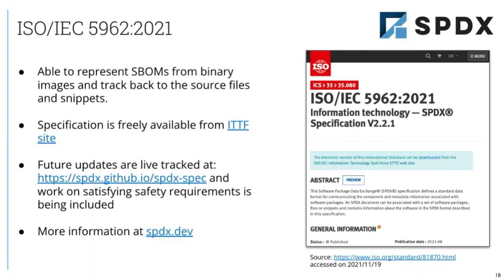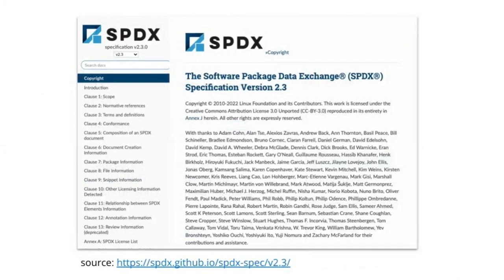The difference between 2.2 and 2.3 is there are a few more fields added. But all the same information is there, and 2.2 is sufficient for satisfying minimum requirements, and a lot more too. We also maintain a web version of the spec as it evolves, so you can go in and look and participate.